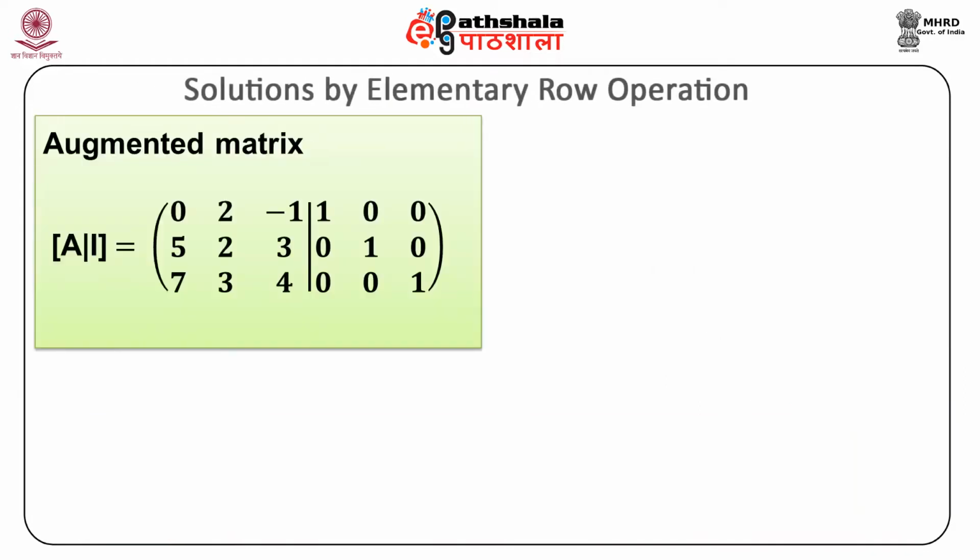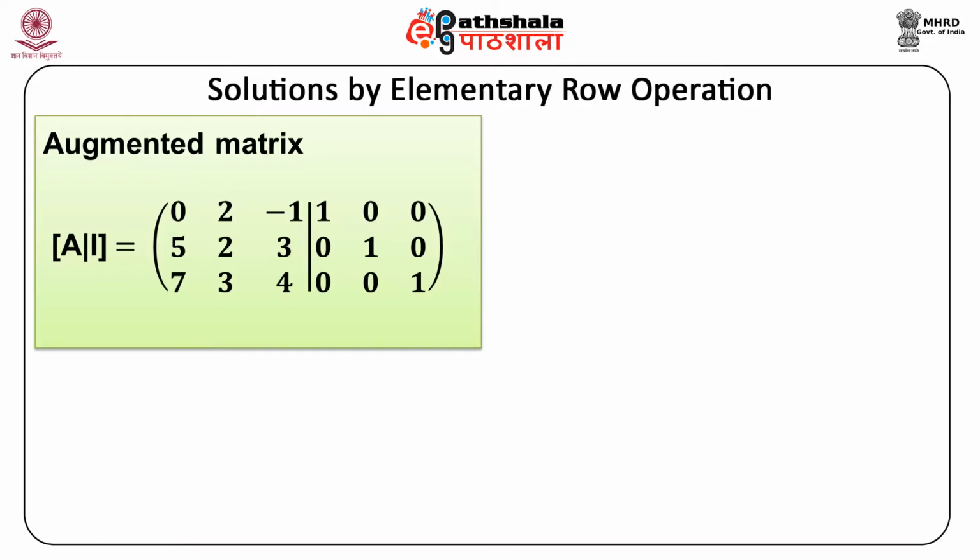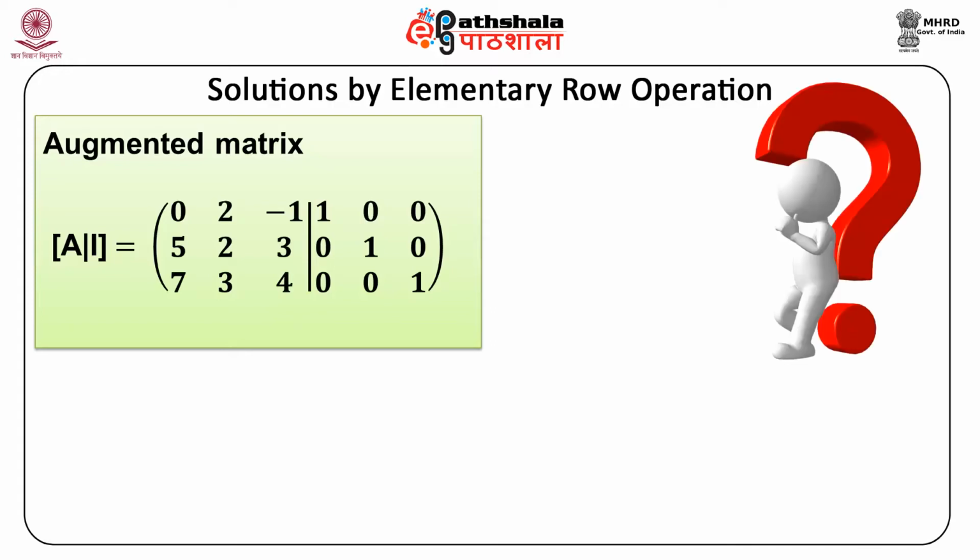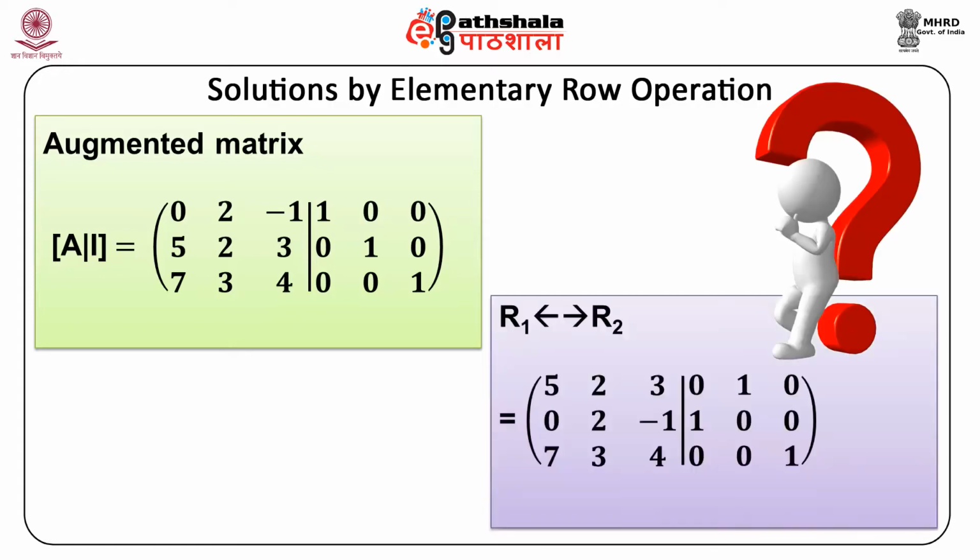Consider the augmented matrix. A divided by I is equal to [0 2 minus 1; 5 2 3; 7 3 4 | 1 0 0; 0 1 0; 0 0 1]. Now, what we have is [5 2 3; 0 2 minus 1; 7 3 4 | 0 1 0; 1 0 0; 0 0 1].